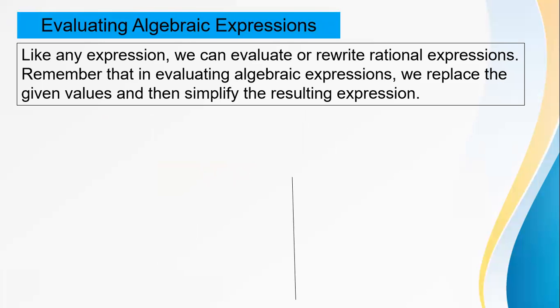Then evaluating algebraic expression. Like any expression, we can evaluate or rewrite a rational expression. Remember that in evaluating an algebraic expression, we replace the given values and then simplify the resulting expression.